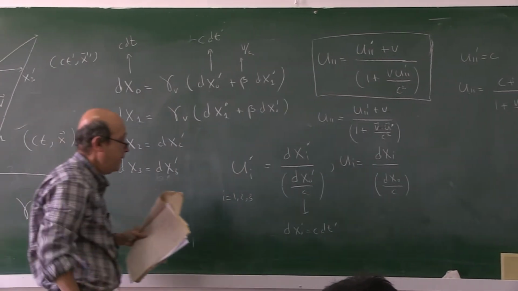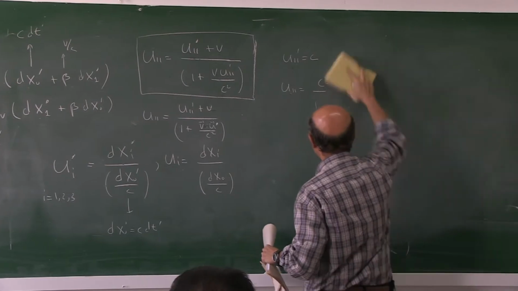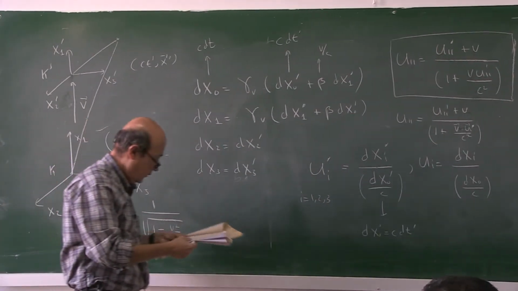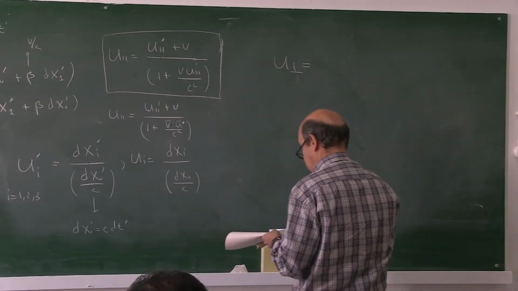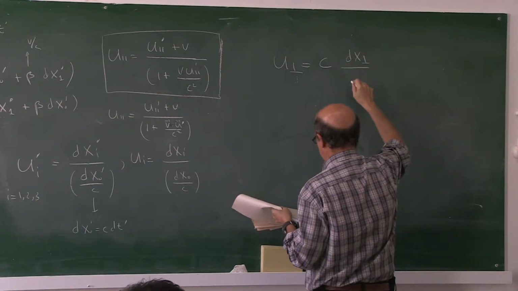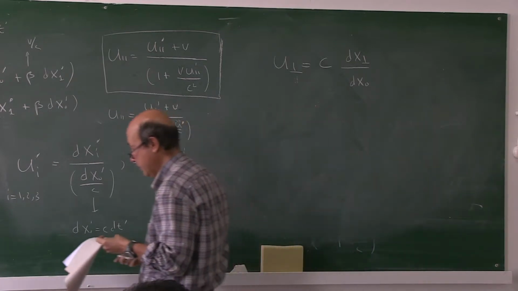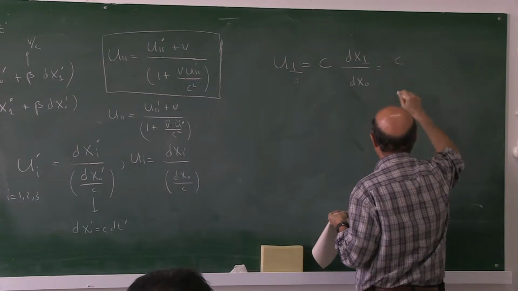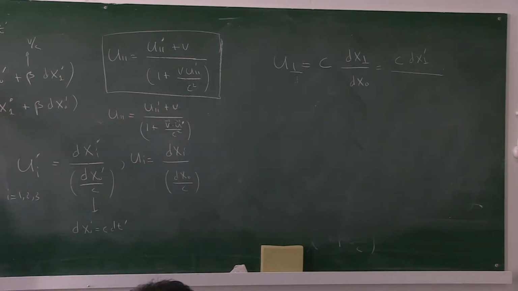If you investigate the perpendicular component of the velocity seen at K frame, or lab observer, whatever you call, K is the lab observer, K prime is the moving observer, you have to apply again the same rule. c times dx perpendicular over dx0. dx perpendicular doesn't change in the Lorentz transformation, so that will be the same value, dx prime perpendicular, but the dx0 will be the time coordinate according to Lorentz transformation.